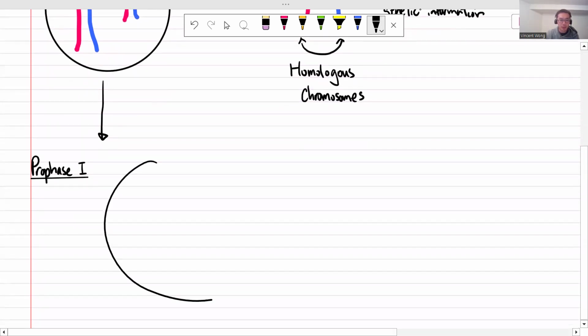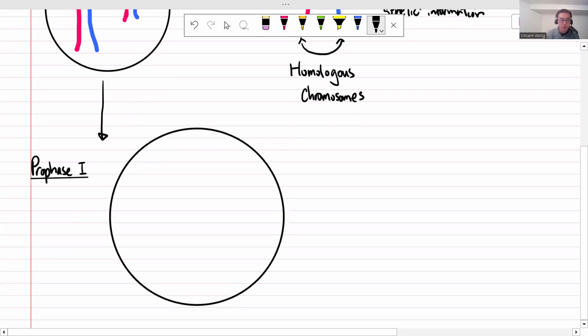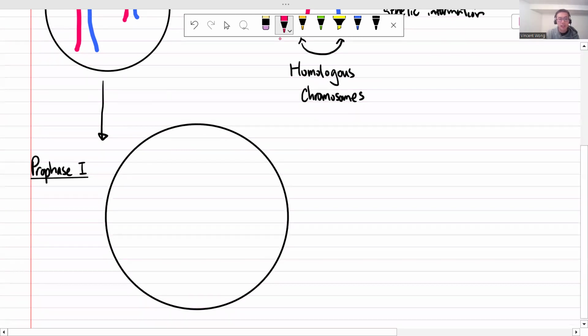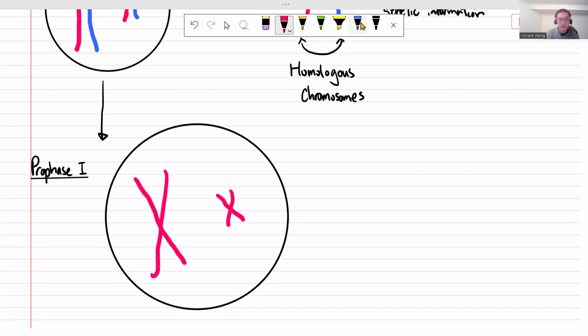What happens in prophase 1 is that the chromosomes have duplicated already, but they would find each other.